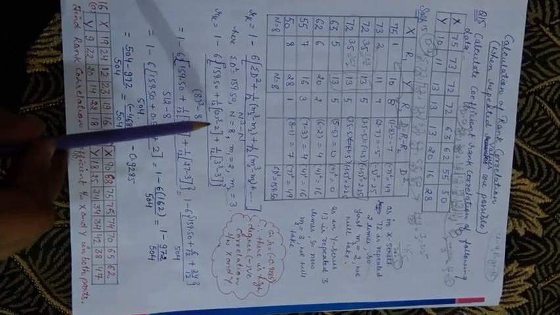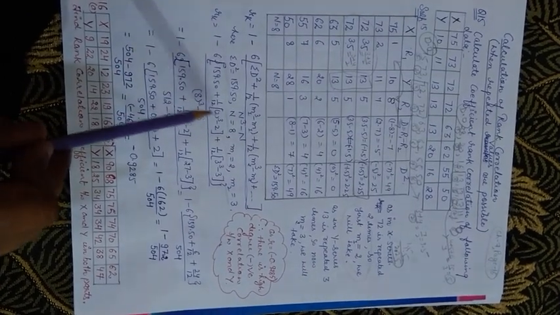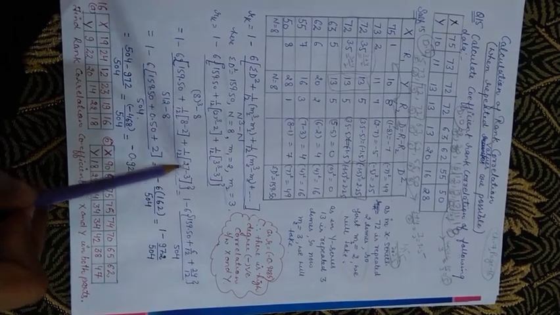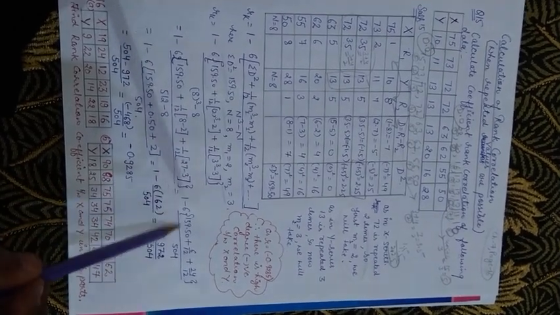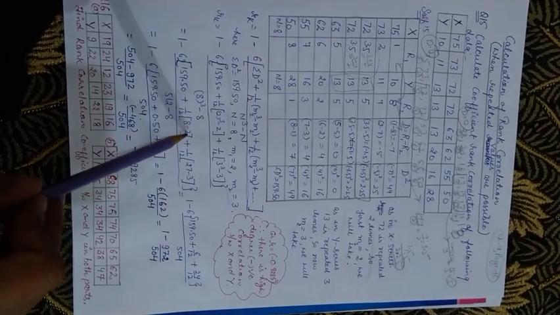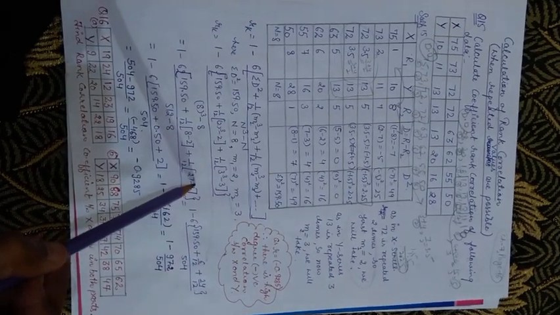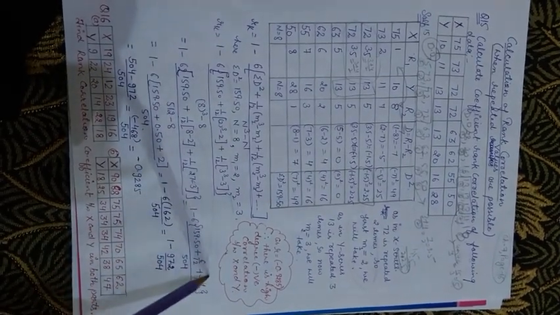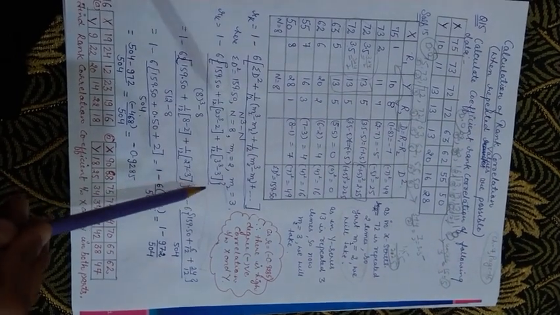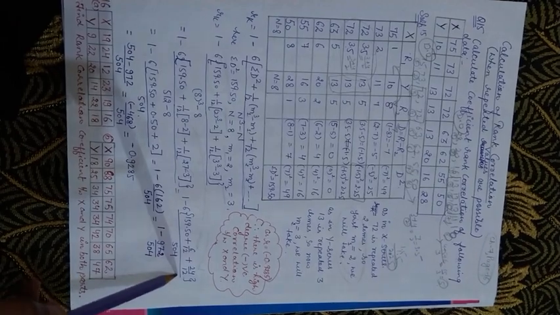First we have to solve this. This is all the same. 1 by 12, 2 cube is 8 minus 2. 1 by 12, 3 cube is 27 minus 3. Here 8 minus 2 is 6, so 6 upon 12. 27 minus 3 is 24, so 24 upon 12.